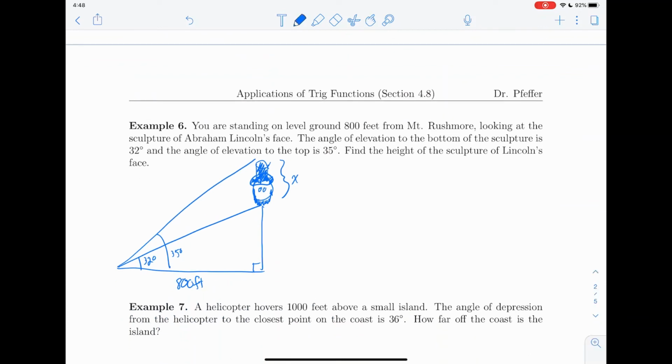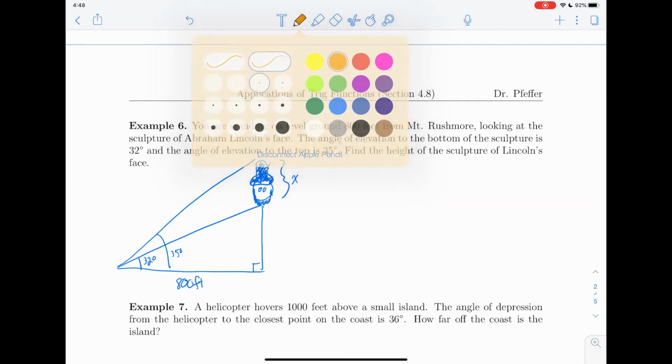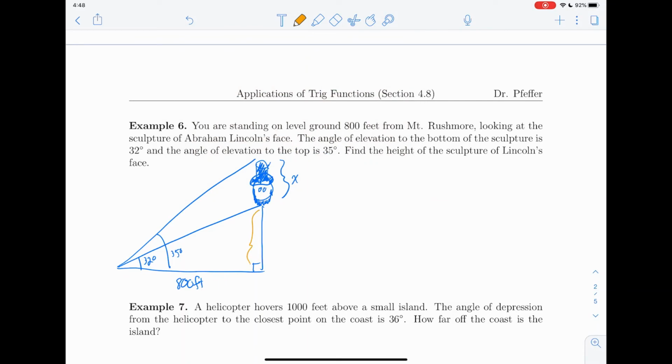What we know now is that we're going to introduce some auxiliary variables. So maybe the little triangle is going to have an A, the big triangle is going to have a B. So what that means is that the tangent of the big triangle, 35, is equal to B over 800, again feet, units matter, as well as tangent of 32 degrees is going to be equal to A over 800 feet.